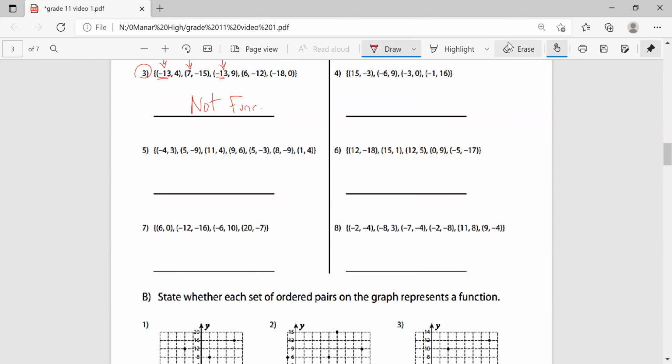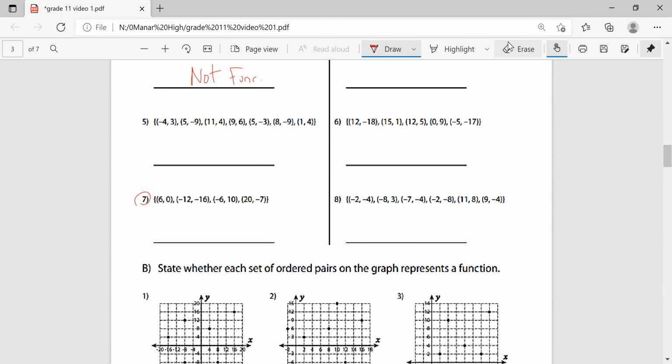Okay. Let's take another example. 6, -2, -6, 20. Here, is there any repeated value? Can you say that 6 and -6 are repeated values? No, 6 and -6 are two different numbers. So this will be a function. Do not get confused.